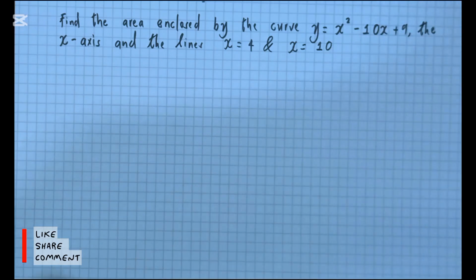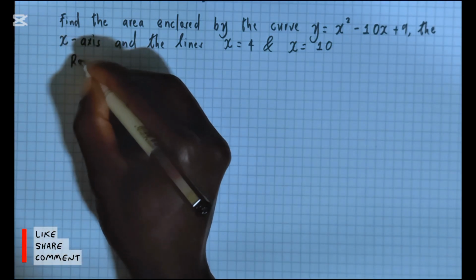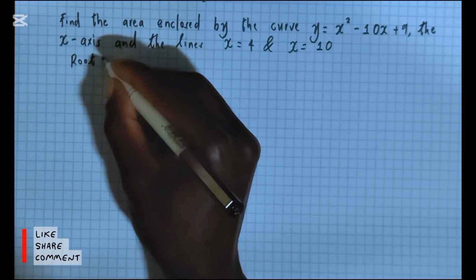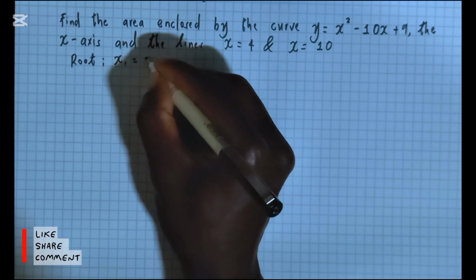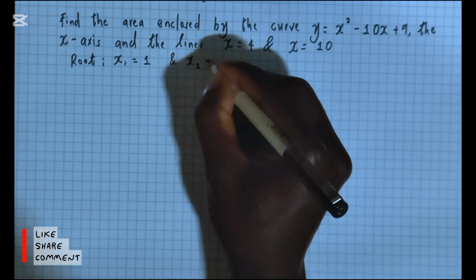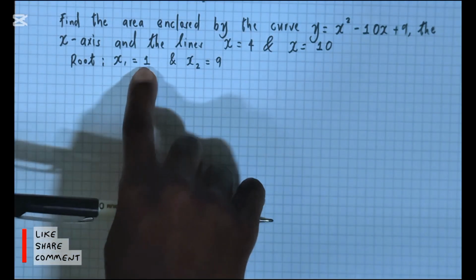After you solve it, you'll find that x1 is equal to 1 and x2 is equal to 9. So basically the range of x is between 1 and 9.